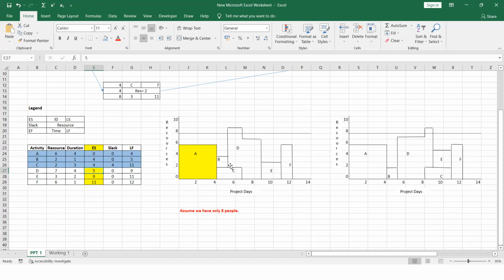We are now in the early start of 5 and we are utilizing the resources of 7. Right, utilizing the resources of 7 means for the 2 you have to add 7. That means we are now in 2. For that you have to add 7, which means you have to go up to 9. After this point we can come down, right?